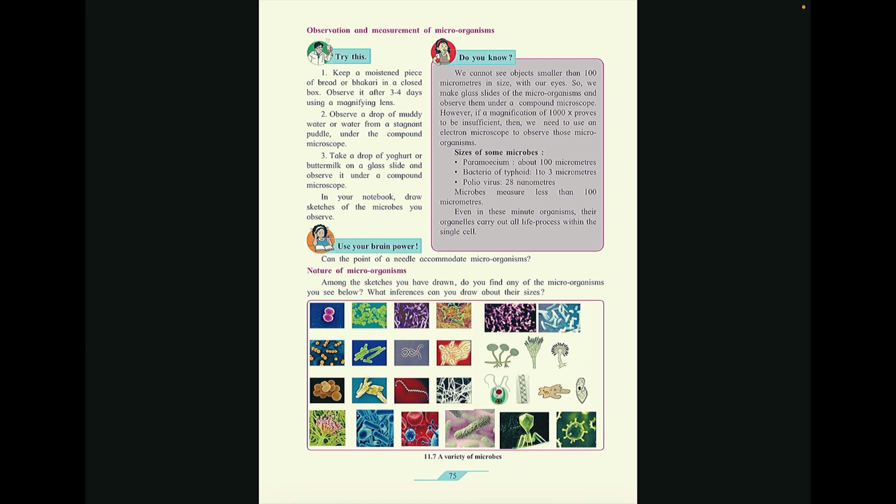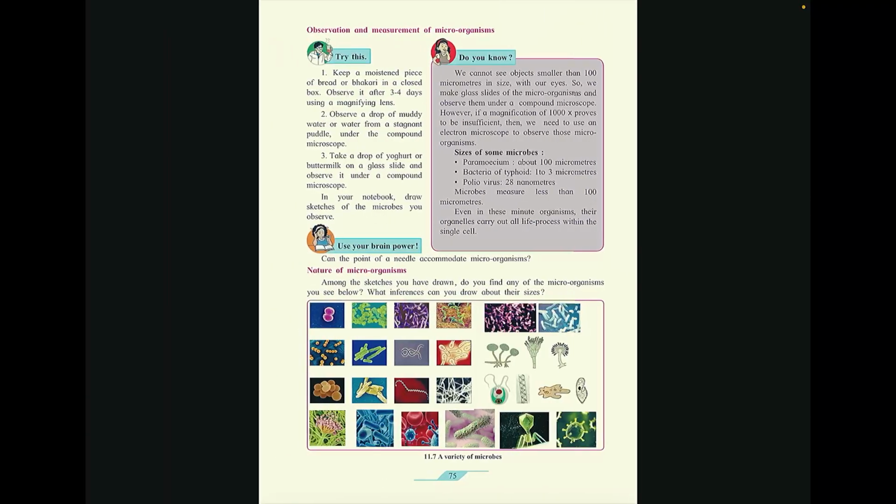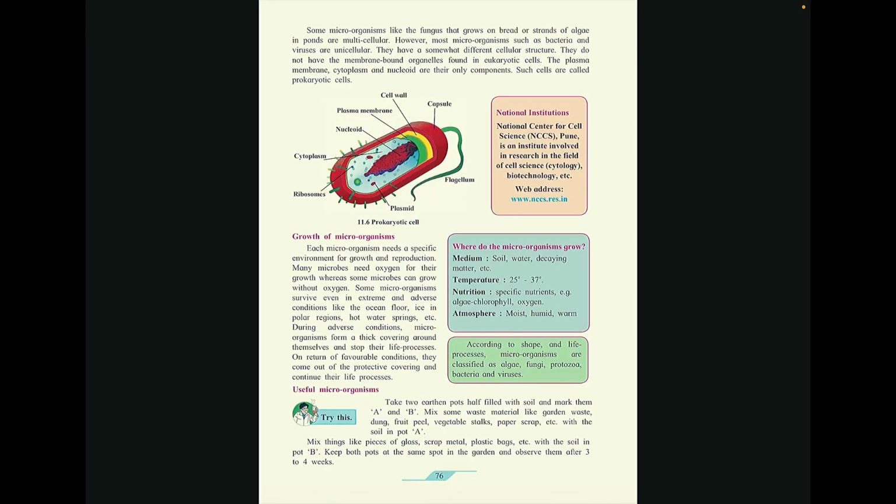Here they are talking about varieties of microbes, in figure number 7.7. Here one cell is given, a prokaryotic cell.